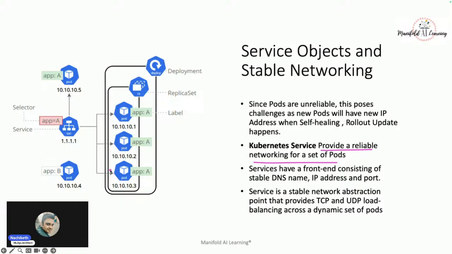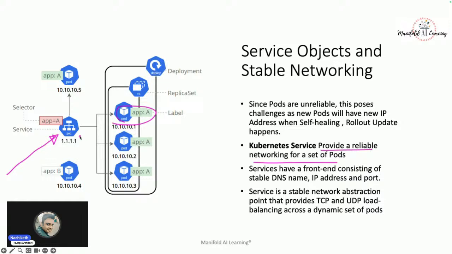So if I have an application, let's suppose this is my pod and it is running application A. As an end user, to reach my application A, I'll make a call to my Kubernetes service object. Now this service object will in turn redirect my request to the pod that I'm trying to reach.